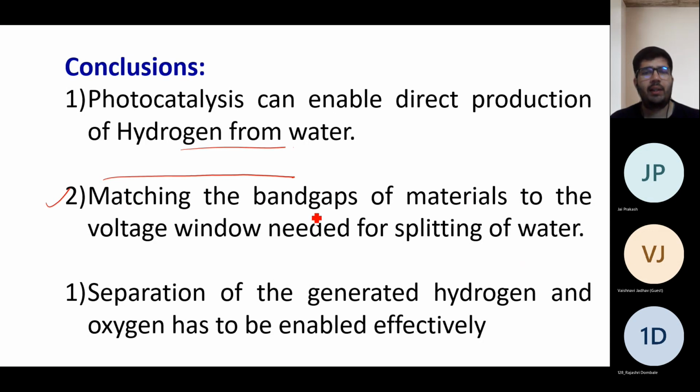So we have to decide on a material with band gap values matching the voltage required for water splitting. And the third is that separation of the generated hydrogen and oxygen has to be enabled effectively, because both are generated, so we need to separate them effectively. This is also an important task.